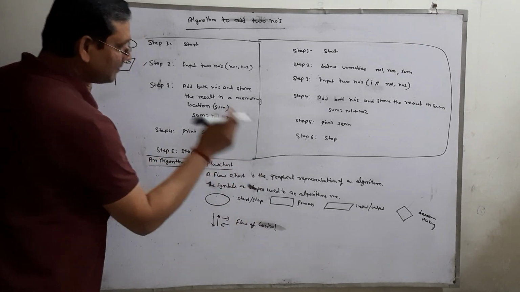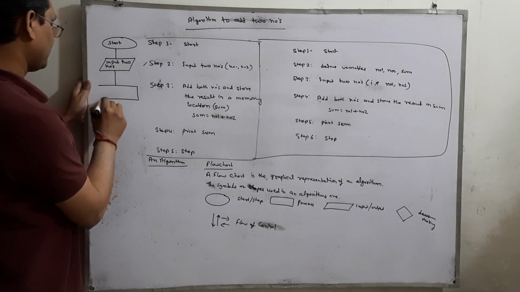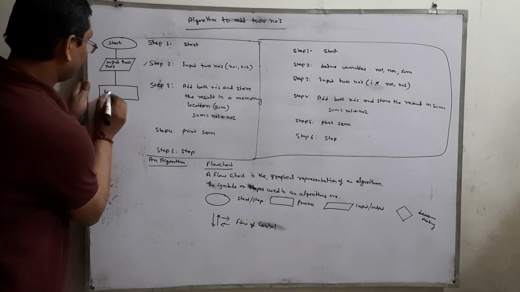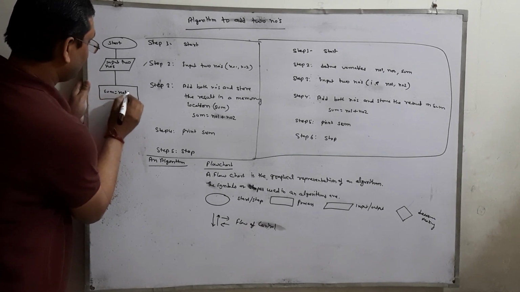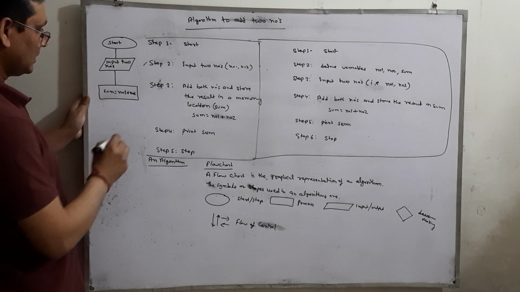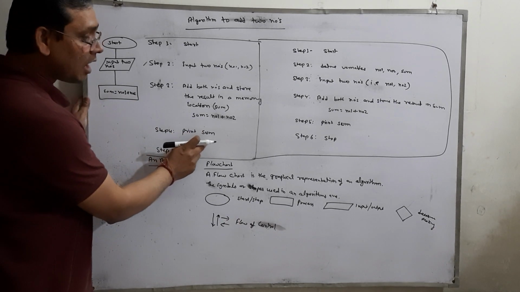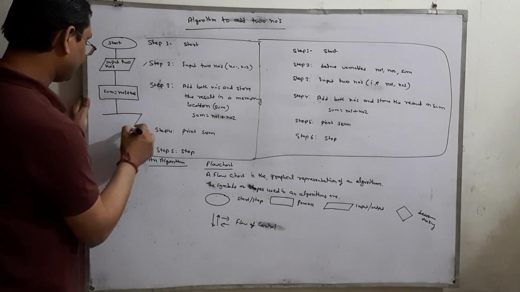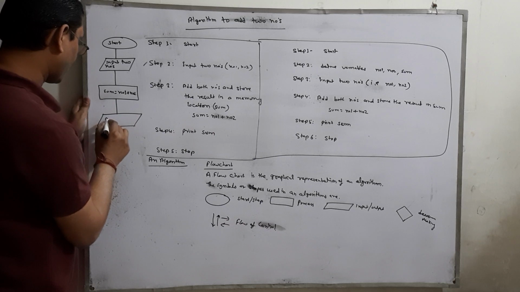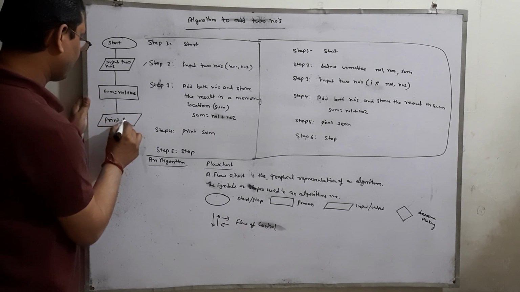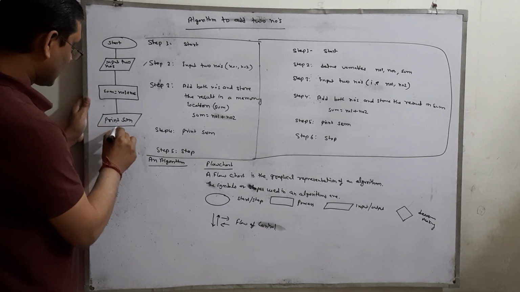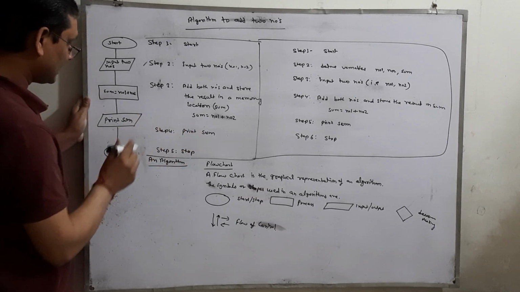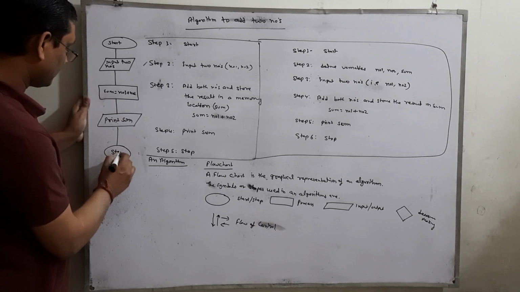For process we have rectangle. Sum is number 1 plus number 2. Print is output. For output we have parallelogram. Print sum. And the last one is stop.